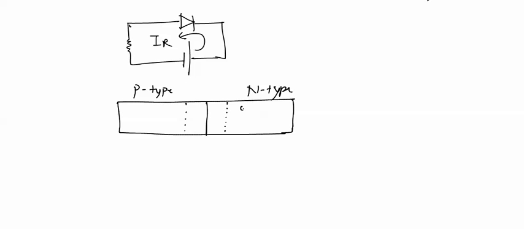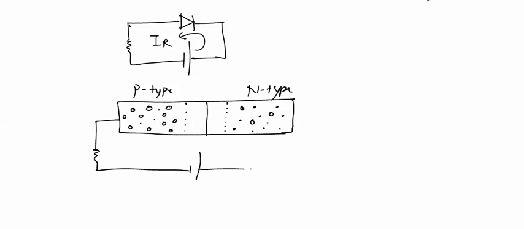On the N side, the majority charge carriers are electrons, while there are few holes. While in the P-type semiconductor, the majority charge carriers are holes, and there are few electrons as minority charge carriers. Now, when this junction is reverse biased, meaning the N side is biased at higher potential, the holes will move from higher potential to lower potential.